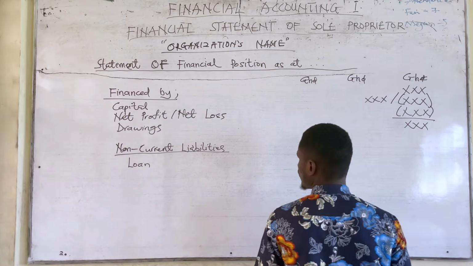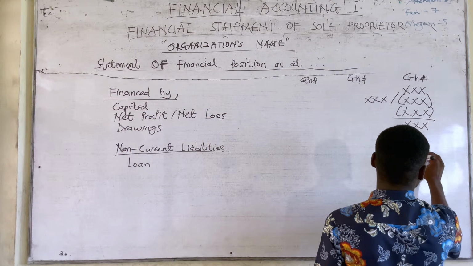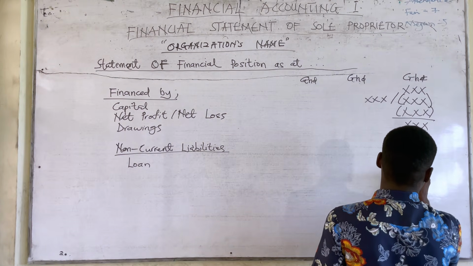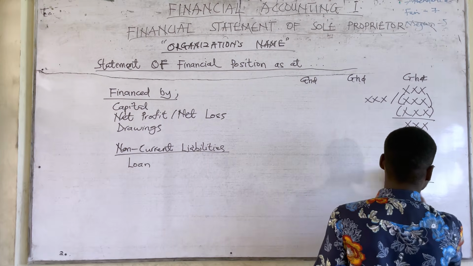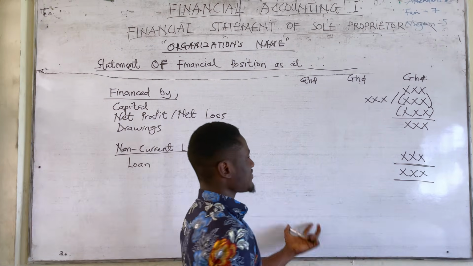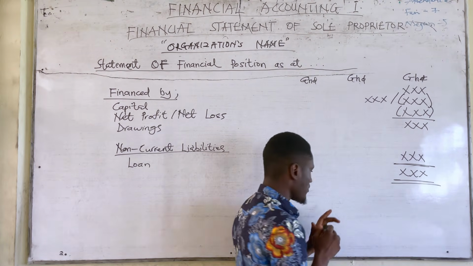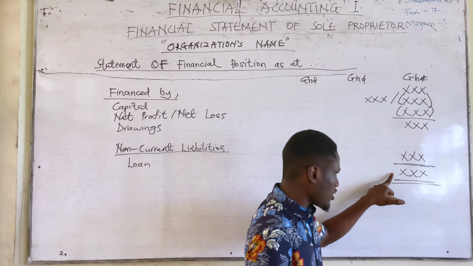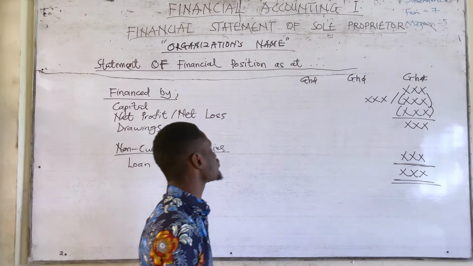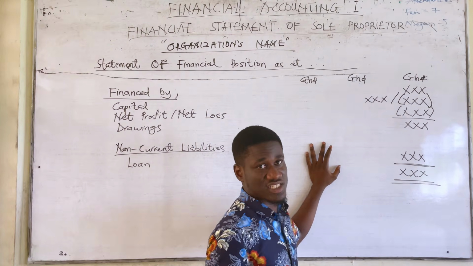Okay, so we are going to add that loan to this amount that we are getting. Good. So after that we are done. After getting this, the amount you get here has to be equal to the amount we totaled before coming to the finance part.